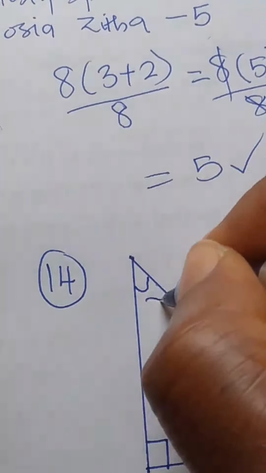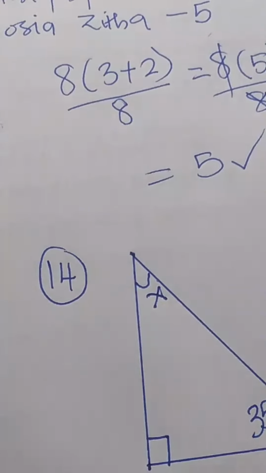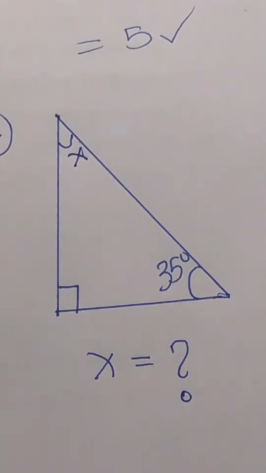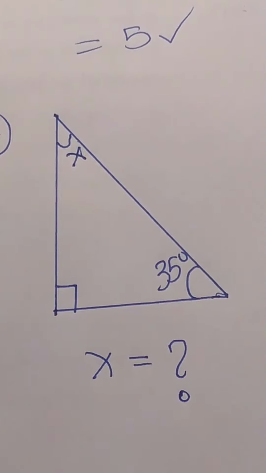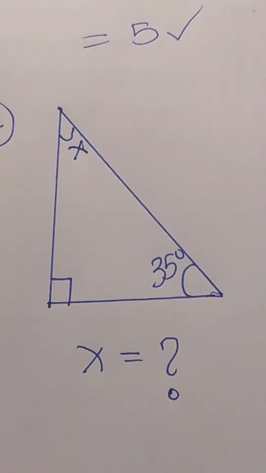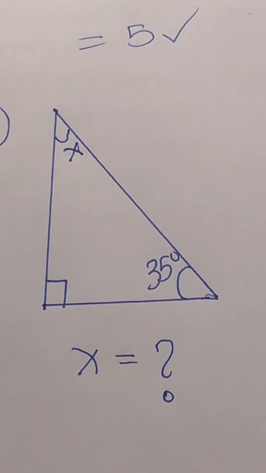If here is x, this is x here. So x is equal to what? Tell me what x is equal to. This is the diagram. Solve. Let me know what x is equal to. Remember, like I said, this diagram is not drawn to scale. But I've given signs to show you which one stands for what. But let me be more specific.